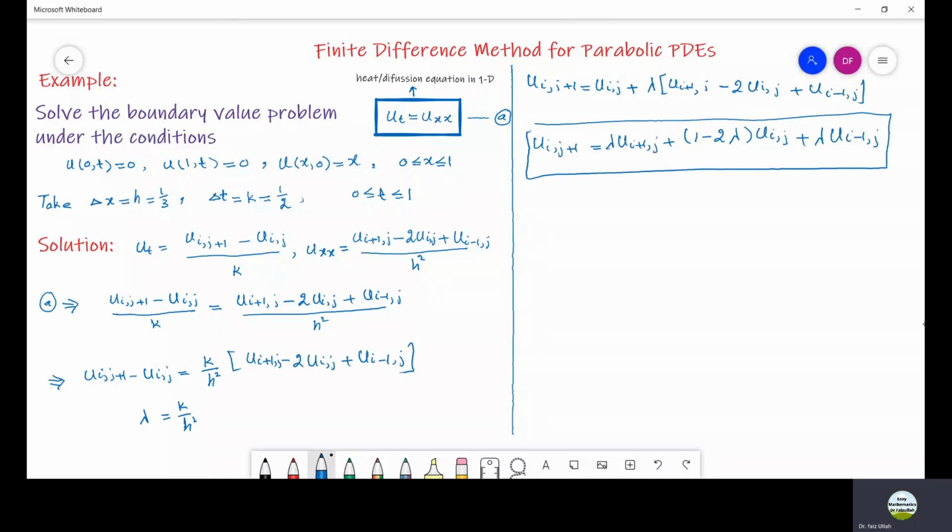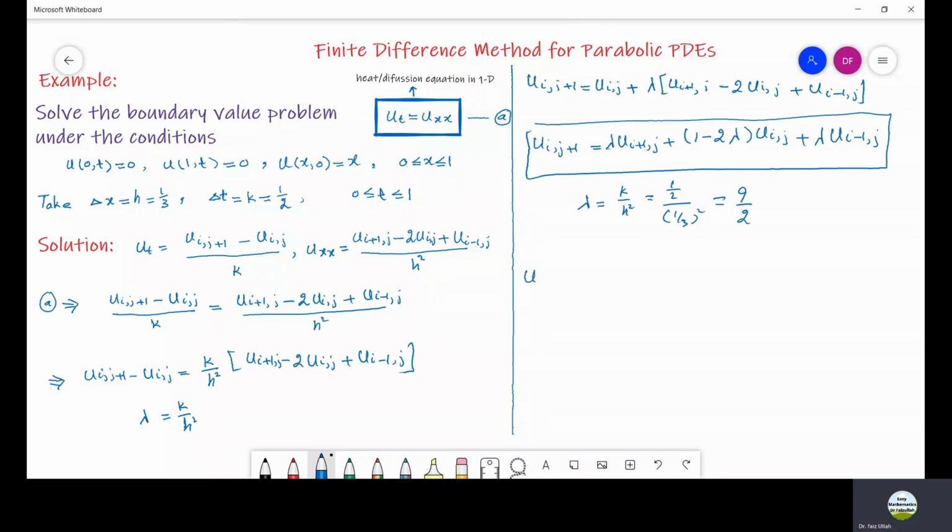So in this formula, for more simplification, let us put the value of lambda, which is k by h square. But we know that k is 1 over 2 and h is 1 over 3. So if we simplify this, we get 9 by 2.